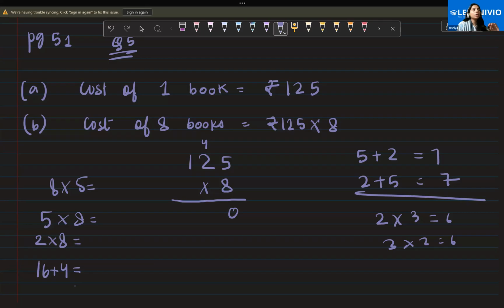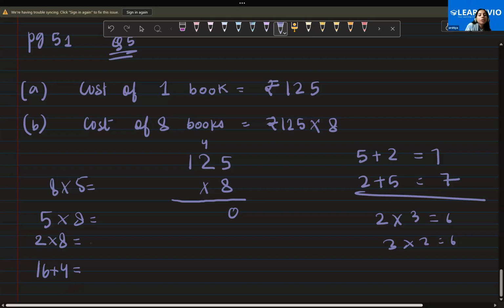You can add it on your fingers. 20. Yes, correct. So I'll just write 0 here and take the balance 2 here.